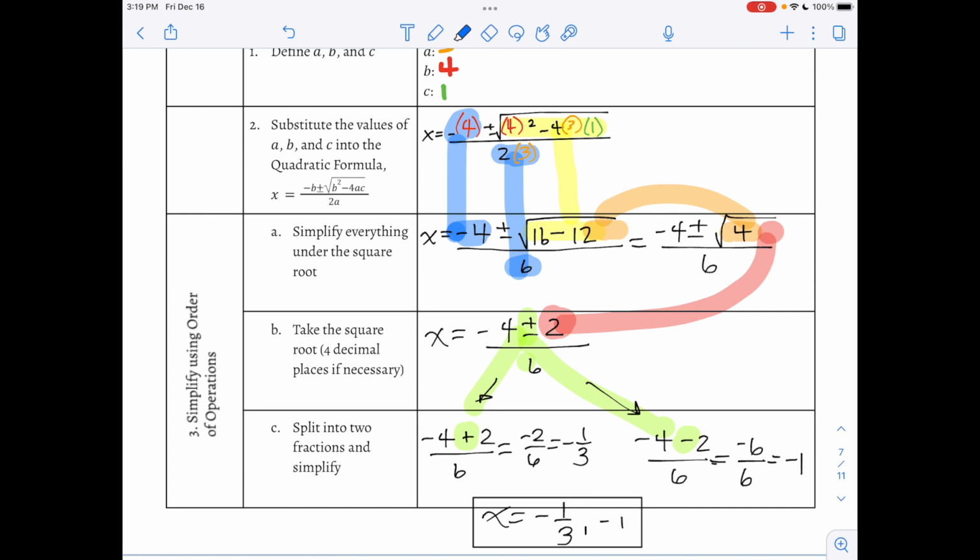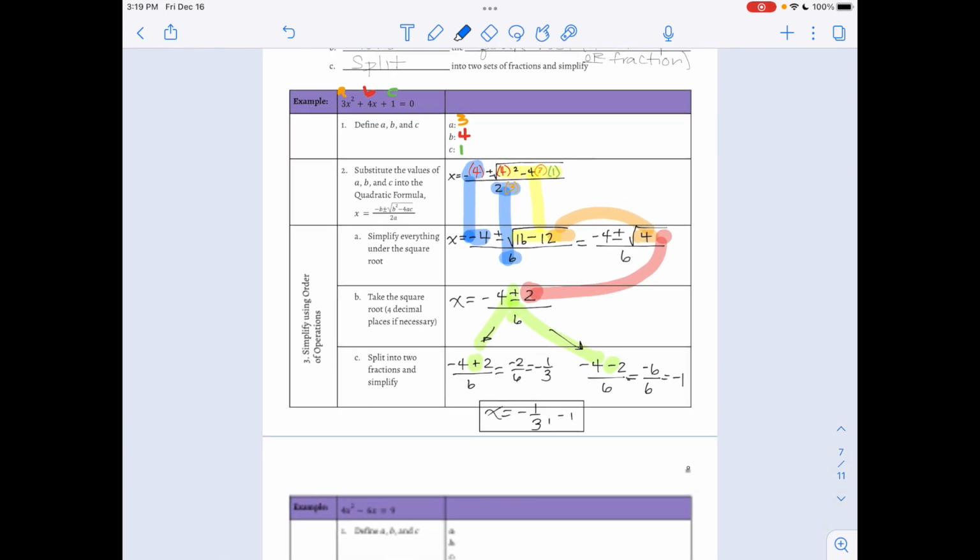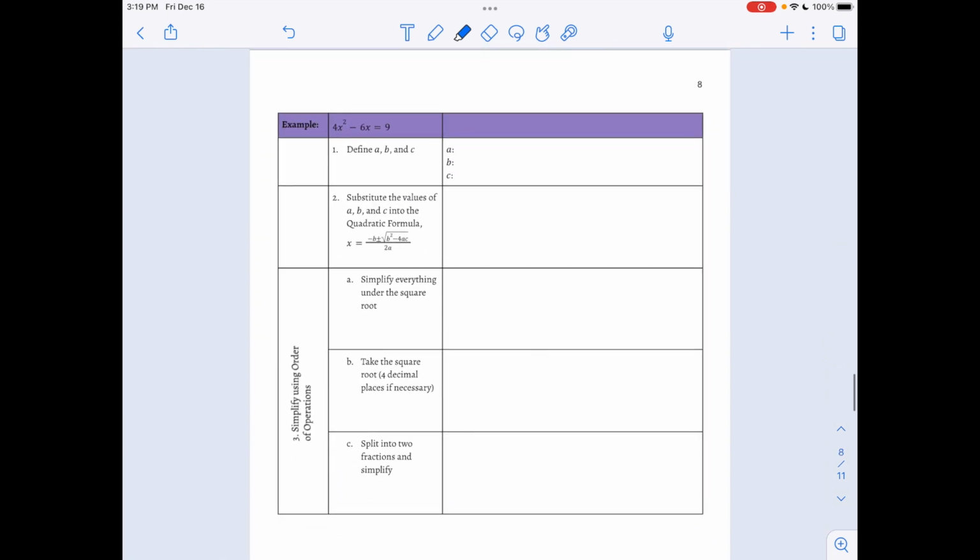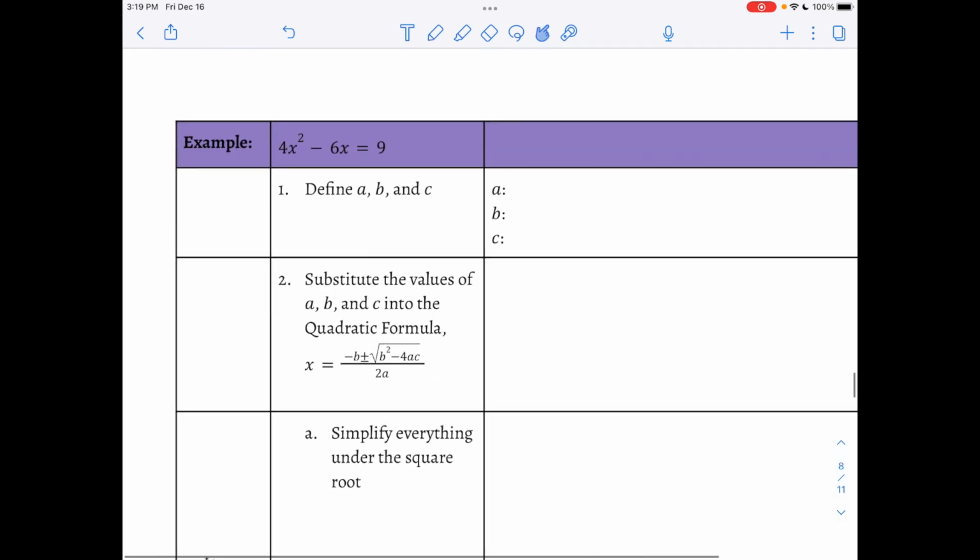All right, so let's look at another example. Now on this one, you might look at it and say, uh-oh, there's no C term. And that's correct. There is not a C term right now, so we always have to solve for 0.